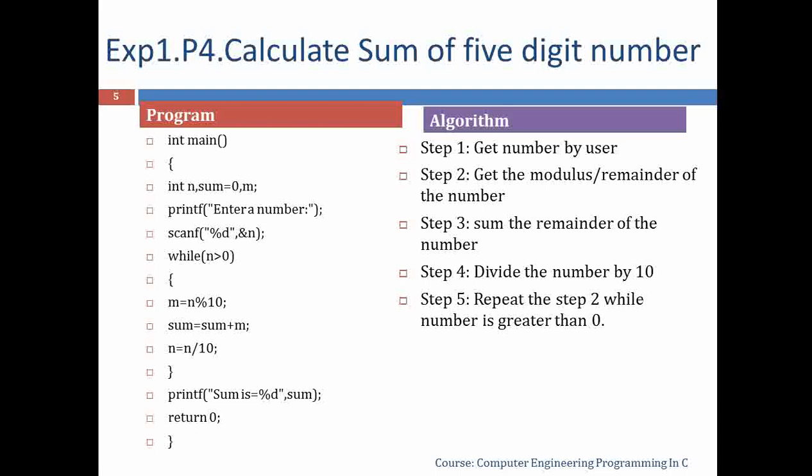That 4th remainder, that is the m value, is added into the sum variable, and we get the sum of the last 4 digits, assigned to the sum variable. The 2 digit number divided by 10 gives the 1 digit value.